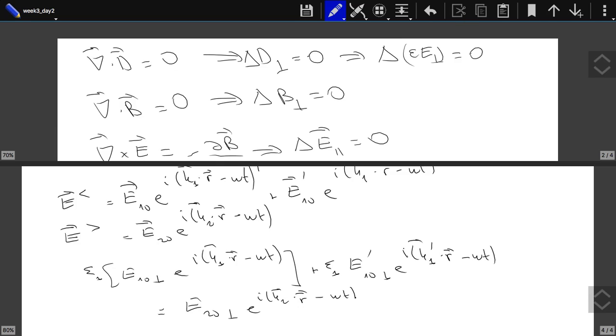These are just the components of these E fields perpendicular to my surface. And since they are not parallel to my surface, at least in the case that I am considering, the electric field is not parallel to my surface, these components are non-zero.